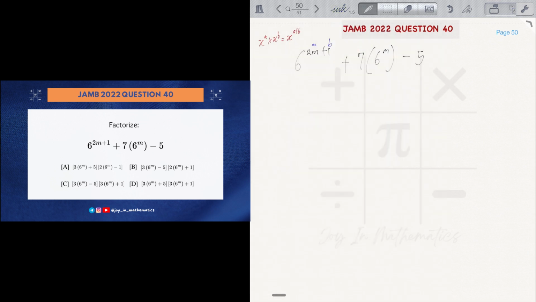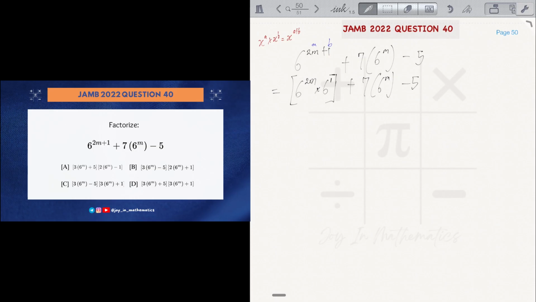So this will result into 6 raised to the power 2m multiplied by 6 raised to the power of 1, plus 7 into 6 raised to the power m minus 5.